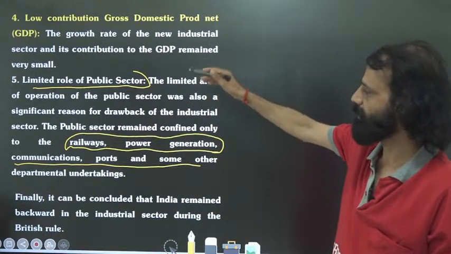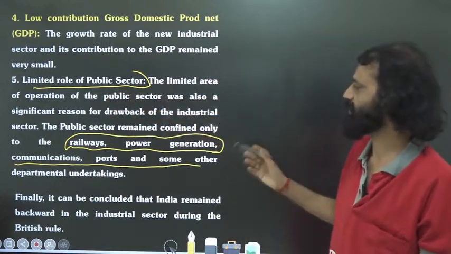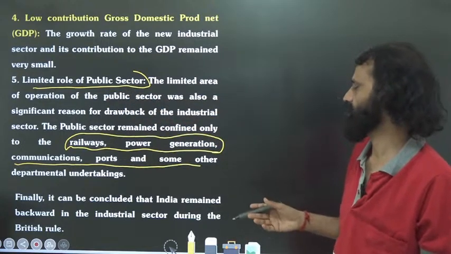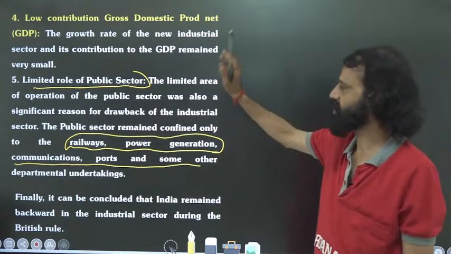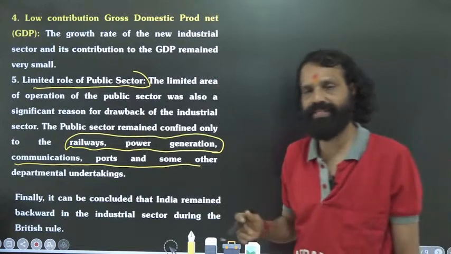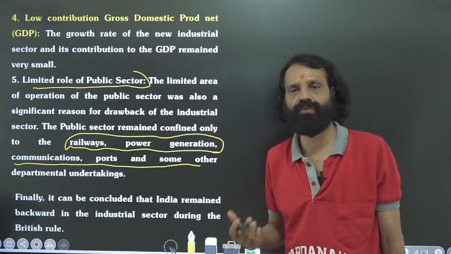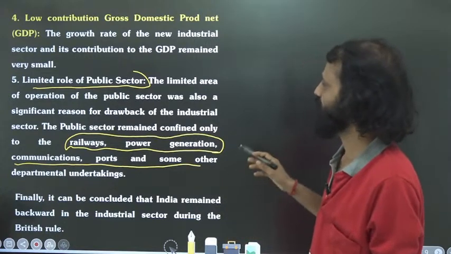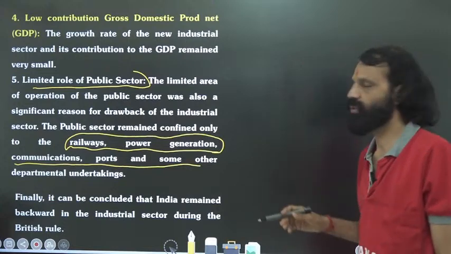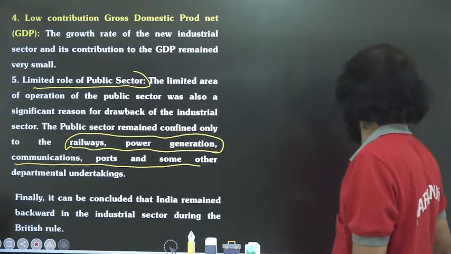The limited role of public sector is one of the main reasons, and after that they didn't promote industrialization. Overall, we can say the GDP, the production and the services of goods in our country was very low. So, the Indian economy faced a low GDP level. That point you need to remember.